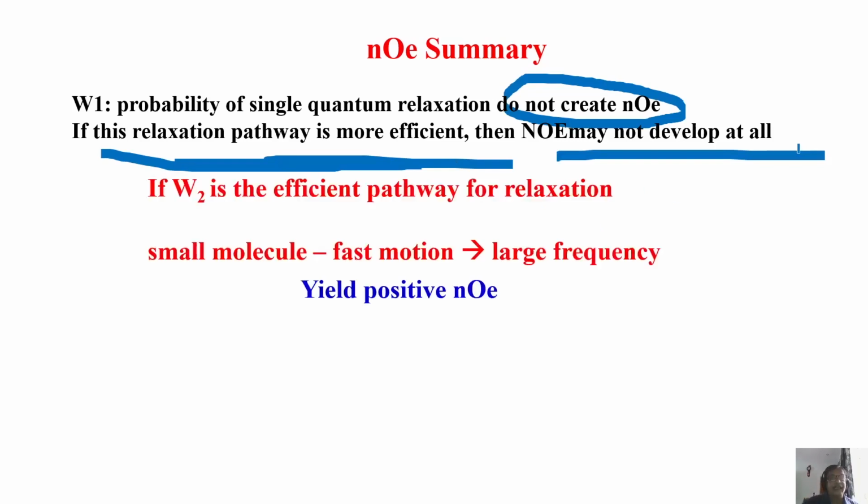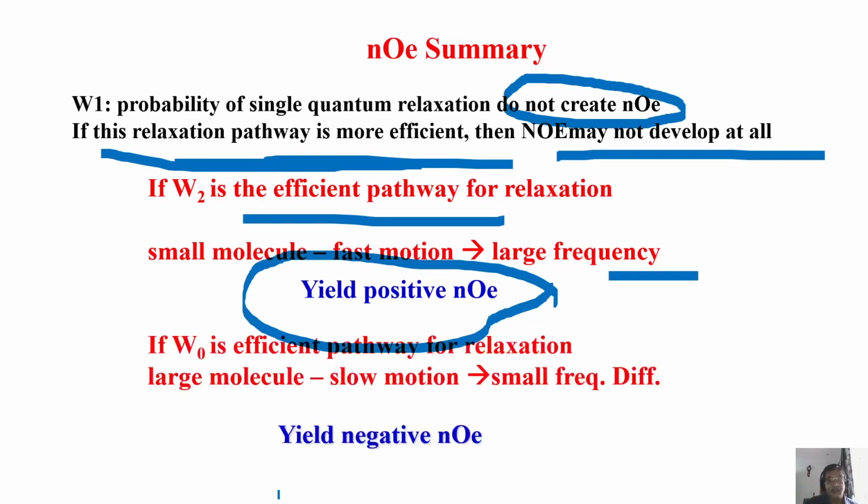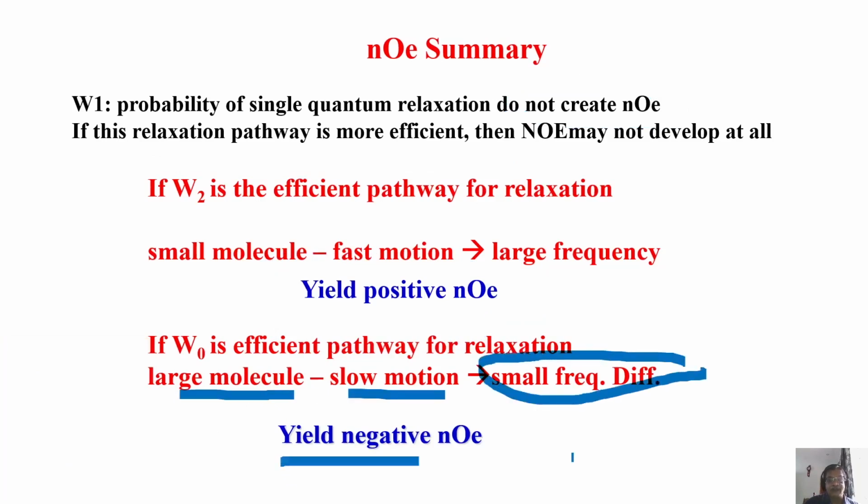On the other hand, if W2 is the efficient pathway, then you will get positive NOE. This can happen only for small molecules undergoing fast motion, where the motional frequency is quite large. It should be at double the Larmor frequency. If W0 is the efficient relaxation pathway, generally it can happen for large molecules which undergo slow motions, with small frequency differences, and it gives negative NOE.